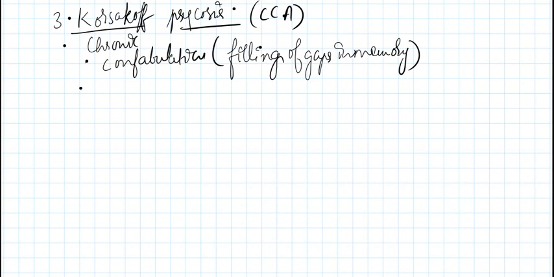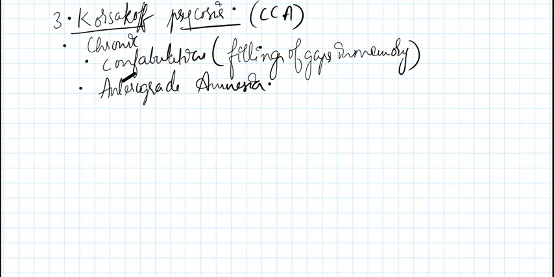Another one is anterograde amnesia. There are two types of amnesia, anterograde and retrograde, and they differ according to the feature. For example, in Alzheimer's it's one type of amnesia. In Korsakoff psychosis you see anterograde amnesia.